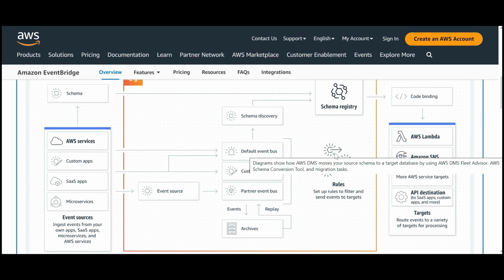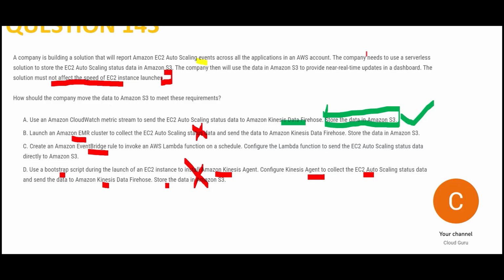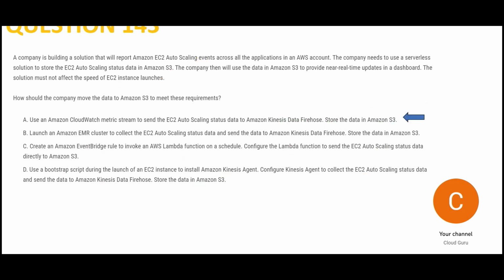If certain events occur, you schedule a task. See, we can use it, but again, it is a custom solution. The other thing is option C. Why it is wrong is they are saying that you configure the Lambda function to send the auto scaling status, but from where will it get the auto scaling status? That piece is also not clear here. So option A is our answer.